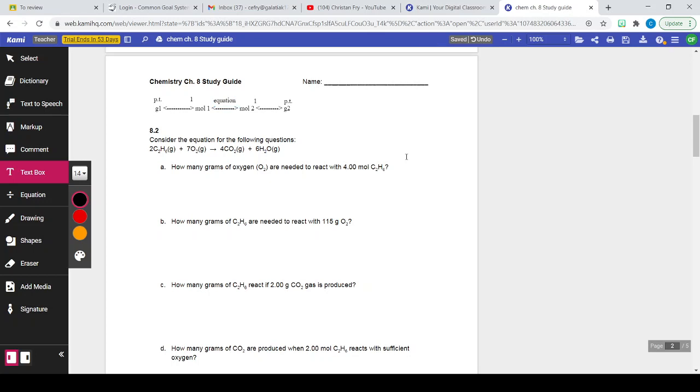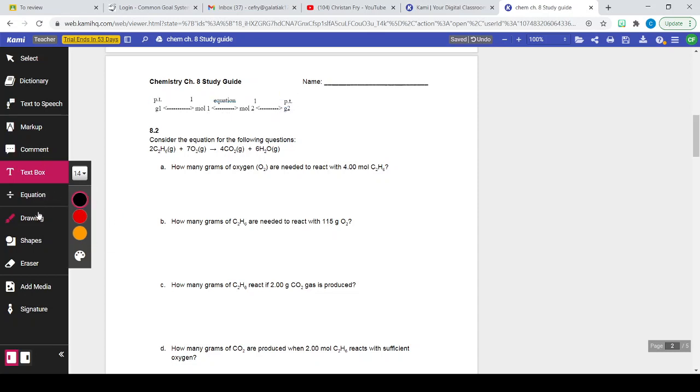Alright, so once we have that, I am at 4 moles of my starting. So I'm always going to be either in grams of 1 or moles of 1. That's always how I'm going to start off. Well, I'm in moles of 1. They want to get to grams. So I'm going to go 1 step, 2 steps.